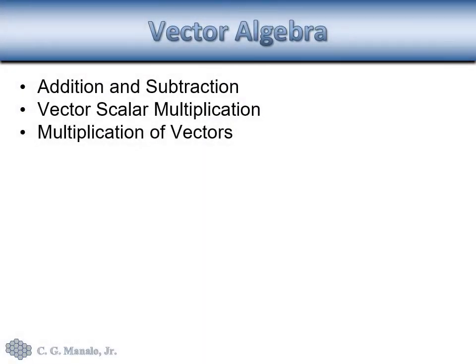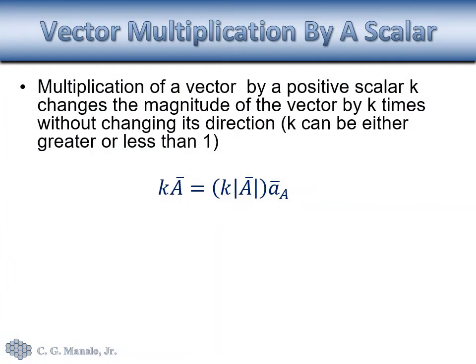Vectors can be manipulated, meaning they can be added, subtracted, or multiplied. There's no such thing as division of vectors. We can multiply a vector with a scalar quantity, and the result is another vector with a magnitude equal to k times the length of the vector, and with a direction also the same as the vector.